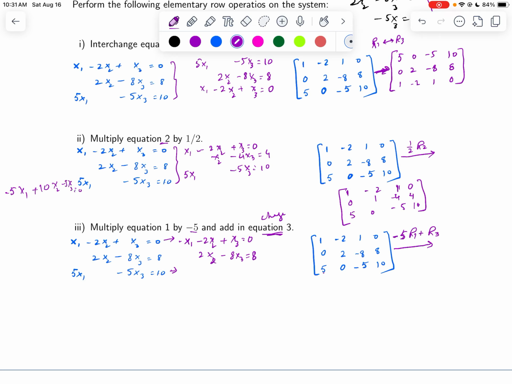This is not enough space. I think I will go down here. This is aside from the work we are doing. We multiply the first row, 5x1 plus 10x2 minus 5x3 equals minus 50.